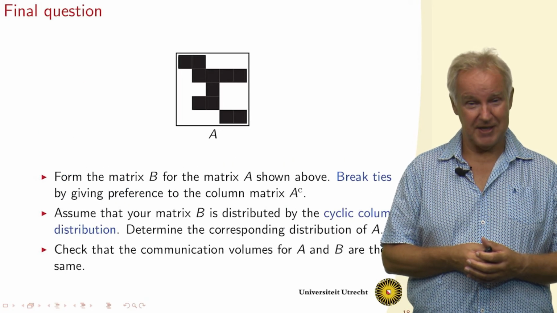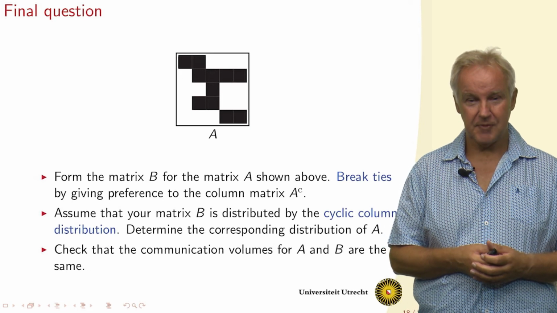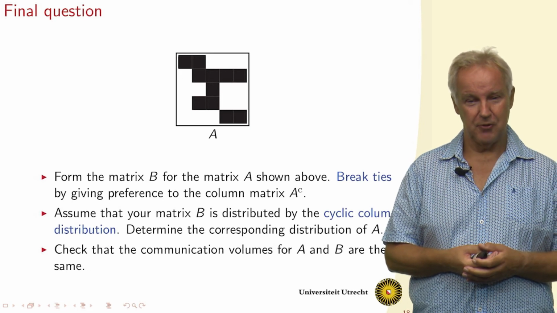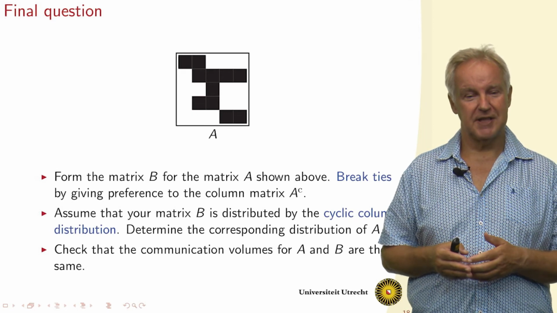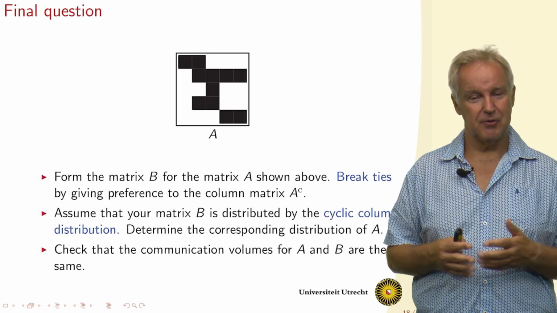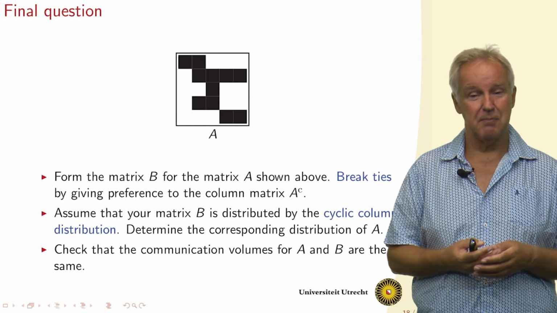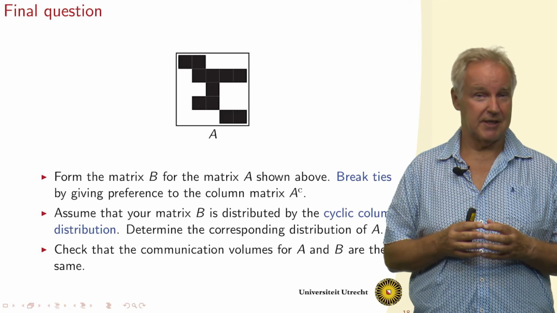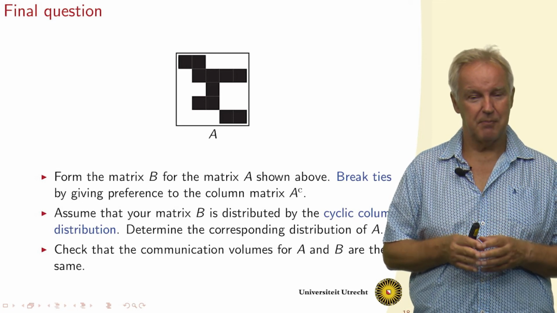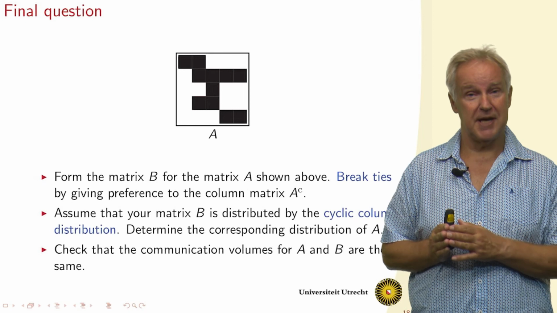And now I have a final question to you. Here is a matrix A. You haven't seen it before. Form from this matrix A a matrix B by the simple method. And if there are ties, you should break them by giving preference to the column matrix AC.